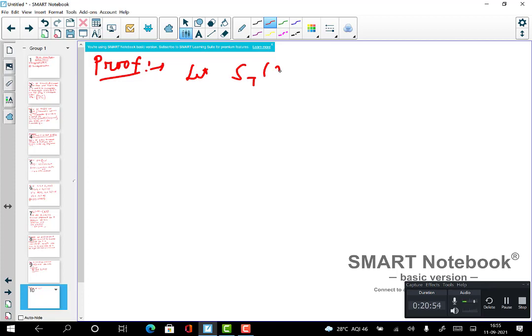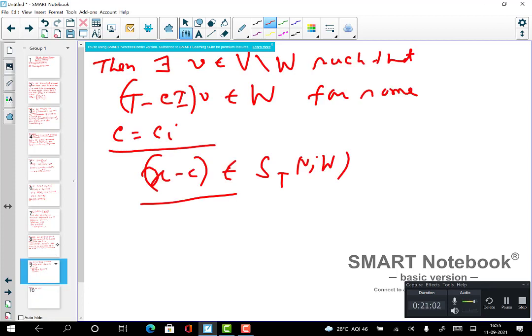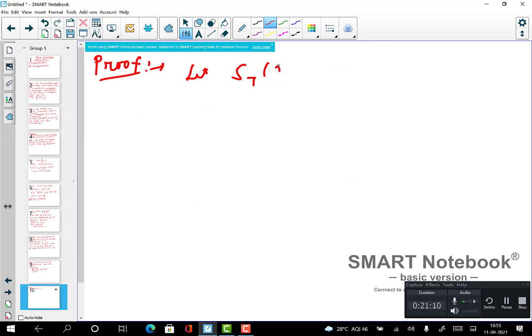So maybe I can start with any vector. Here I wrote v, so let me write down another name. Let some vector, which we call v dash, be an element of V but not inside W. And then choose the T-conductor of v dash into W, and suppose this is generated by a polynomial g(x).